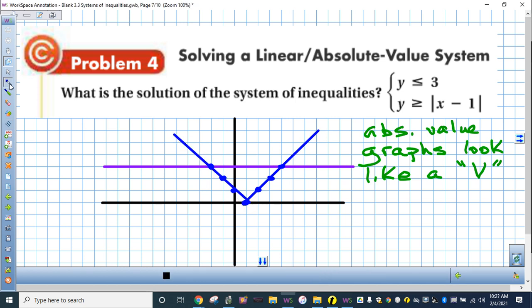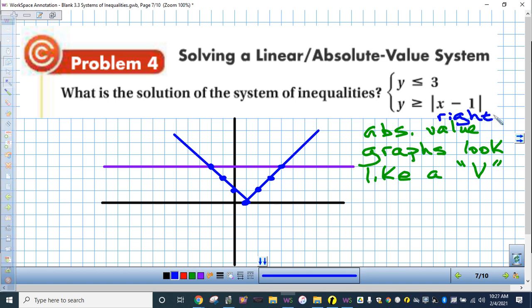So the minus 1 in here makes the vertex of that thing move to the right 1, because the absolute value of x starts at 0, 0, and then the b goes from there. If we go minus 1, you would think it would go left 1, but it actually goes right 1 because of the absolute value.